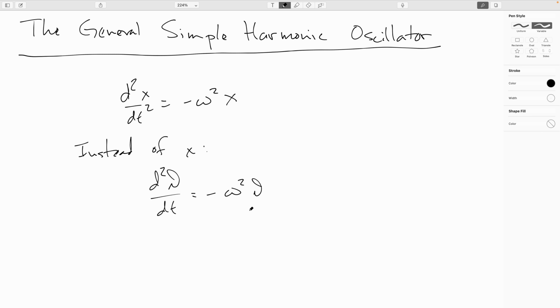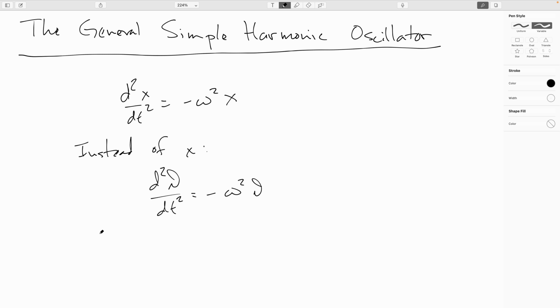And if I can somehow get an equation into the form where I've got the second derivative of theta with respect to time, and I have a minus sign and a theta, the stuff between the minus sign and the theta would be the angular frequency, and I would have a simple harmonic oscillator. In fact, we can go even further.